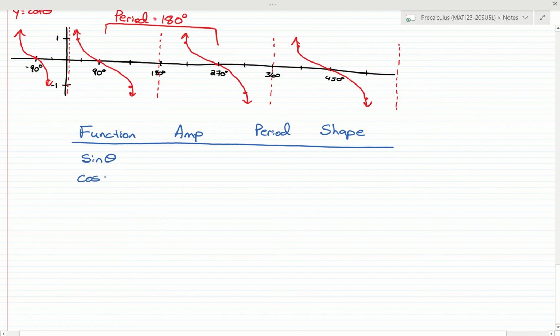Sine and cosine both had an amplitude of 1. Their period was 360 degrees. As we progress talking about graphs, we'll also be using radians. So 2 pi is the same radians as 360 degrees, and their shape was like a wave.